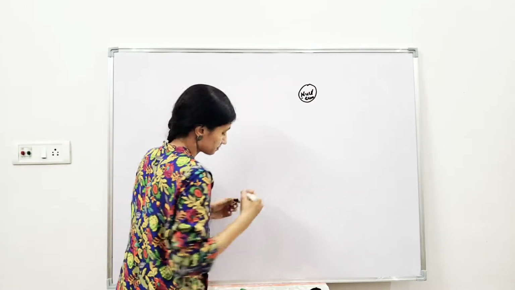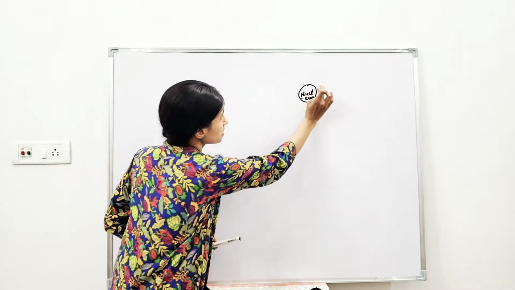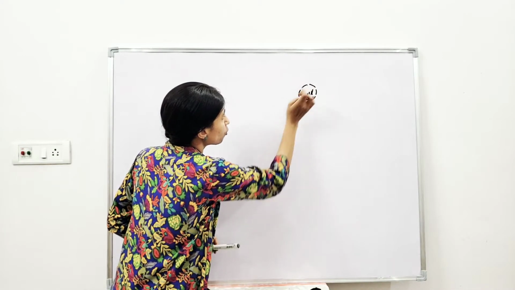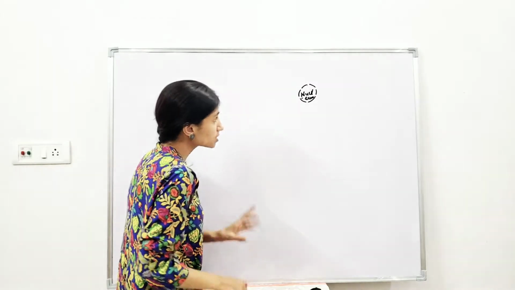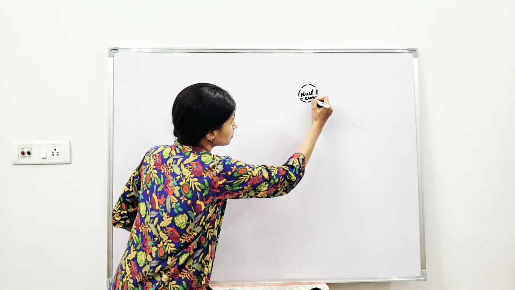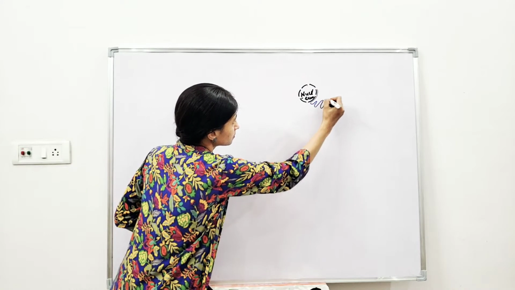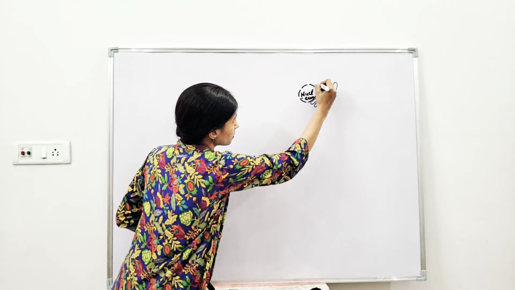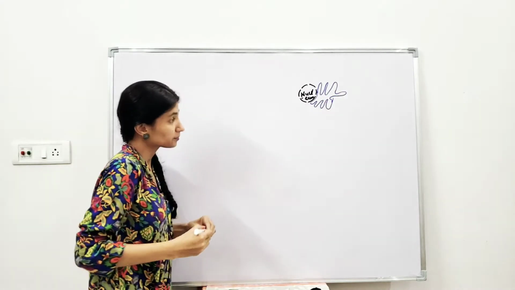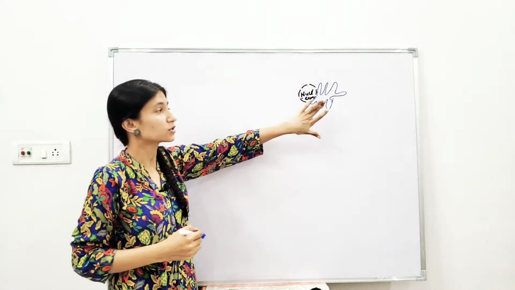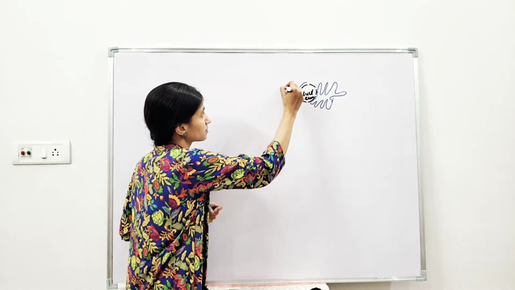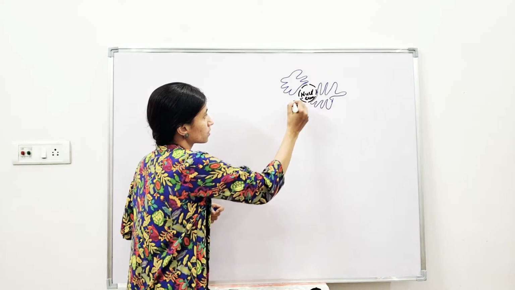This nucleus has nucleopores, which means the membrane has pores. Just outside this membrane you have this structure. This structure is called your endoplasmic reticulum, and you will find many of them just like this.